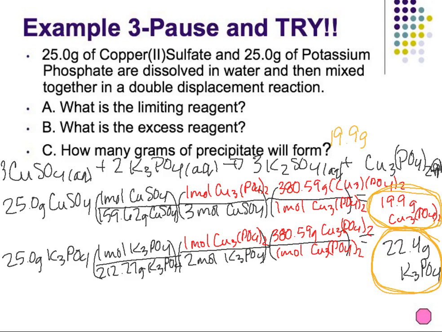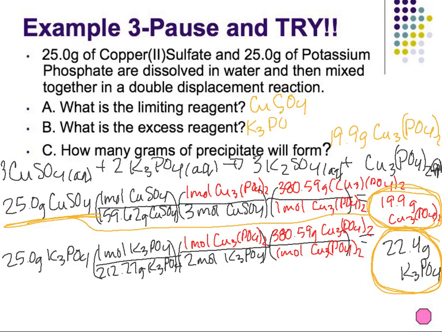Because after we make 19.9 grams of Cu3(PO4)2, we run out of copper 2 sulfate, because that's the one that goes with 19.9 grams. So copper 2 sulfate is going to be our limiting reagent, and potassium phosphate is going to be excess. Why? Because we can never make 22.4 grams of potassium phosphate, which is shown right here.